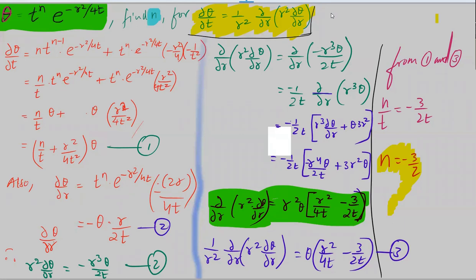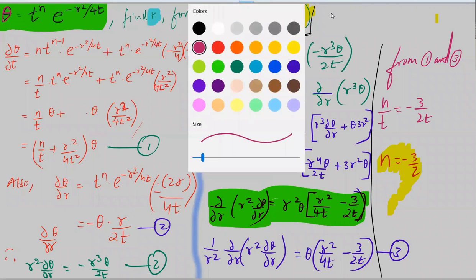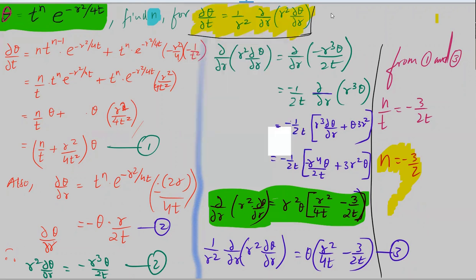So what we did, we found d theta by dt first. If I differentiate with respect to t, then I have to apply the UV rule, that is first into derivative of second plus second into derivative of first. Derivative of t raised to n is n into t raised to n minus 1.